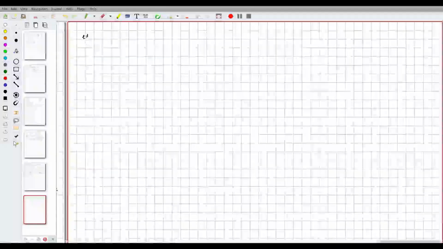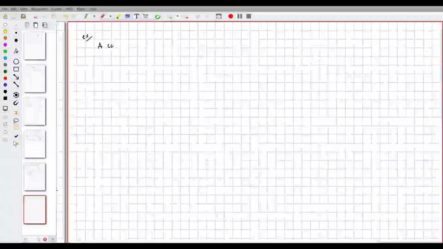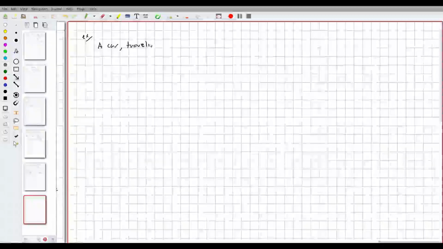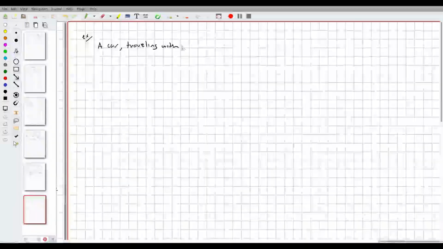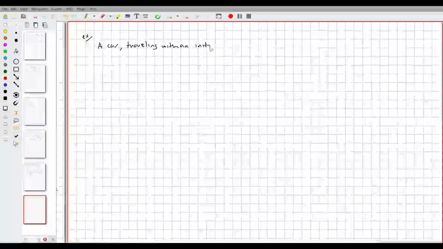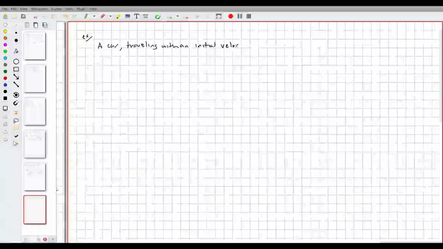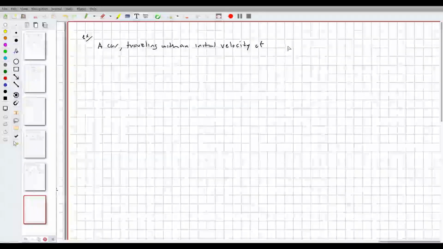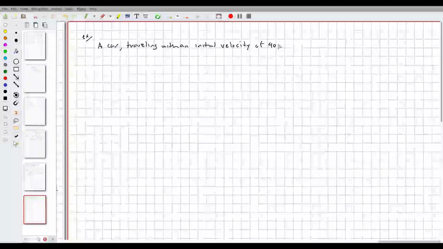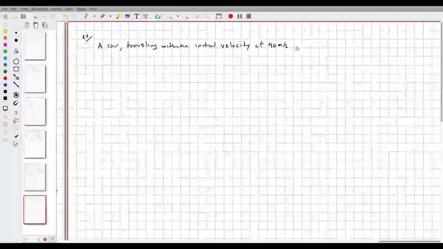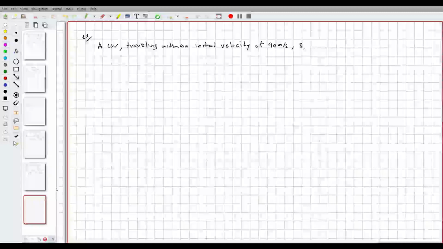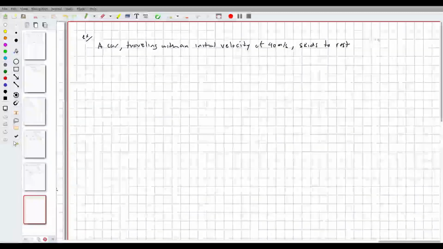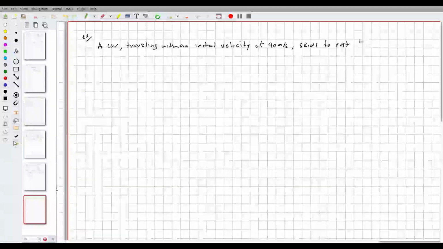So, a car traveling with an initial velocity of 40 meters per second skids to rest.